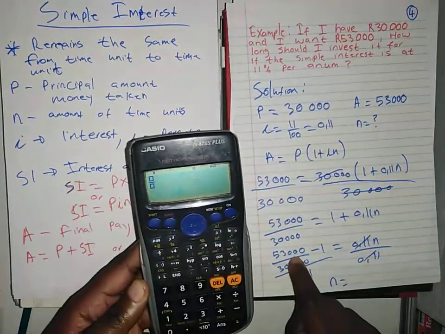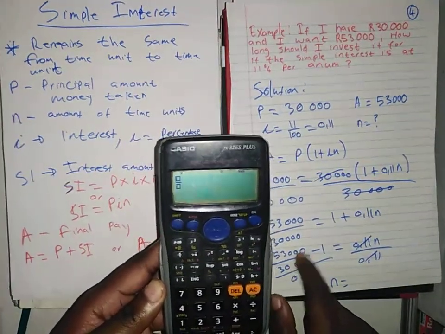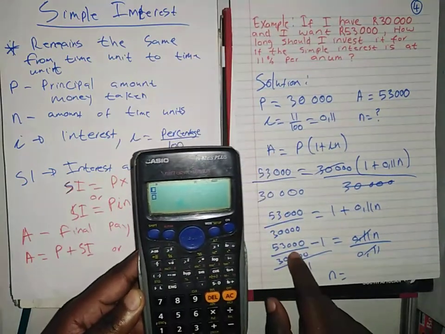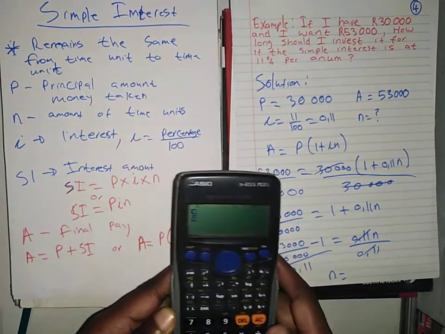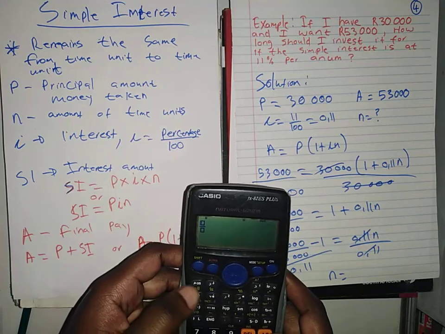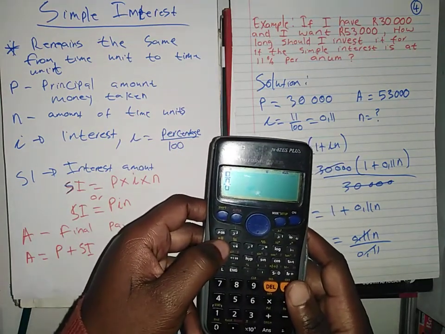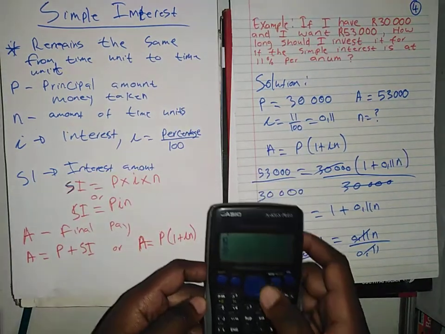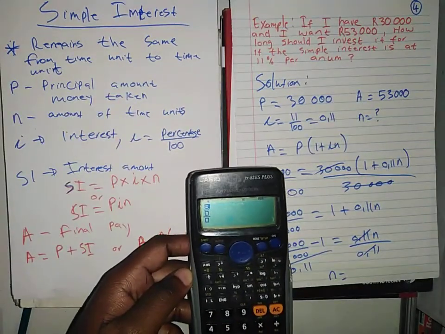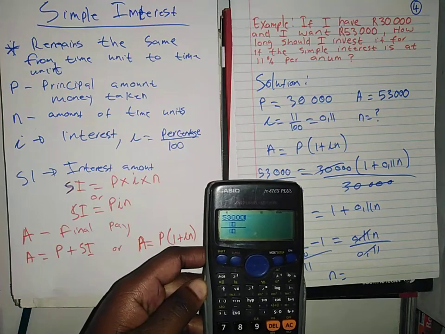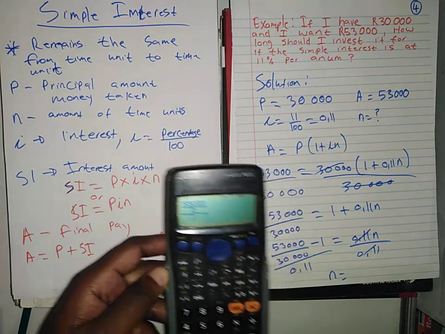And then remember, here on top there is the fraction in its own right. So when you're on top, put the fraction sign again like this. And then on top here, what to put? It's 53,000.